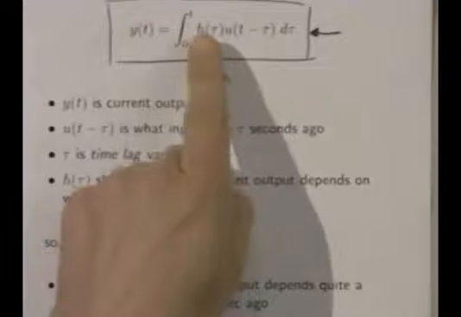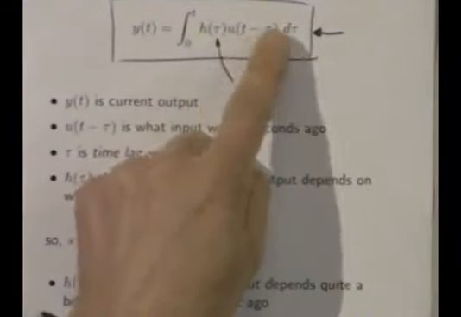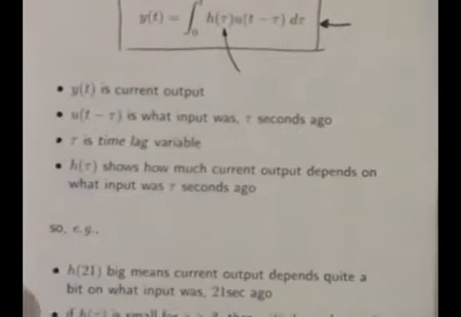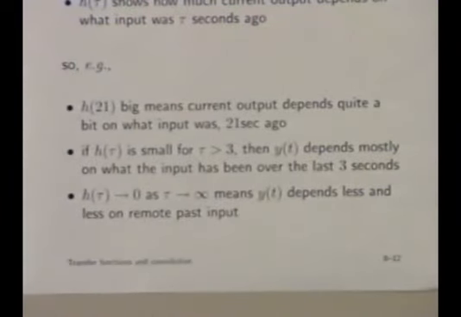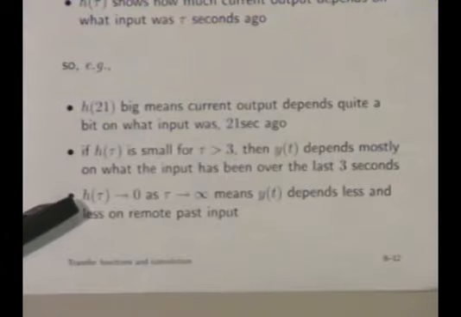Because in this integral here, if this is big when tau equals 21, it says that y of t has a very large contribution from u of t minus 21. Okay. Another example is if h of tau converges to 0 as tau goes to infinity, that says that the system has fading memory. It says that the influence of the output in the remote past is much smaller than the input from the recent past, and so on.